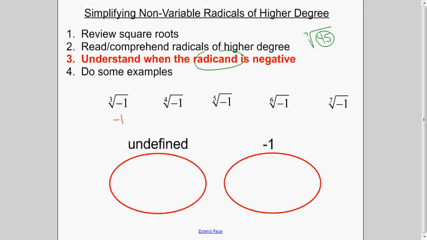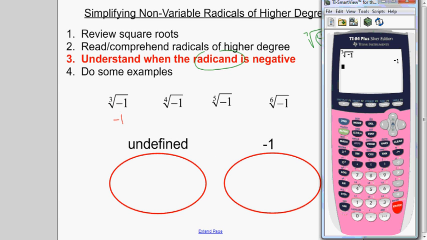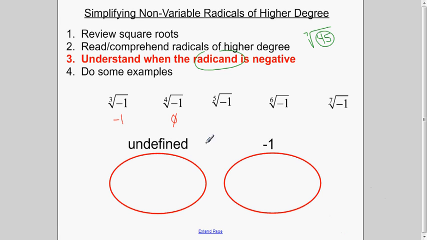and then, similarly, if I did the fourth root of -1, so doing 4 math 5 of -1, we see that it's in fact undefined because it's a non-real answer. Okay, so I'm just going to put a little undefined symbol here.